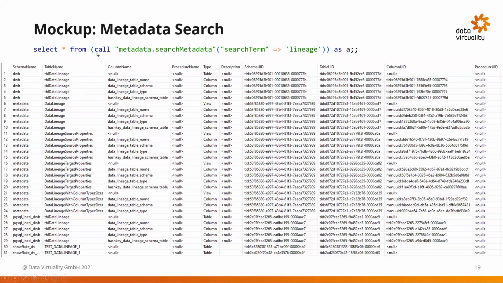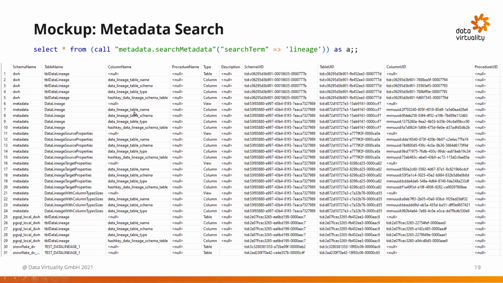So what we're going to call here is a stored procedure called search metadata. It's already been implemented, and will be part of the code that we give you. And we're going to search for the term lineage, right? So it's going to search all of the table names, the schema names, the column names. It'll also search the descriptions.